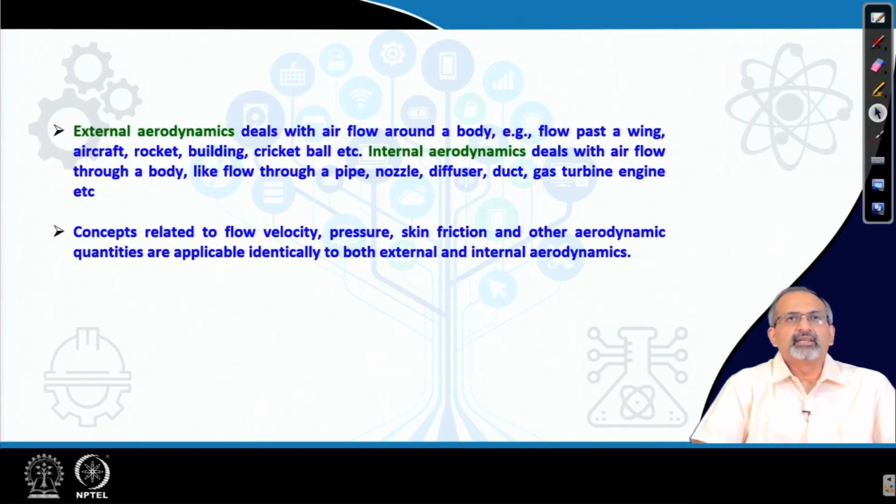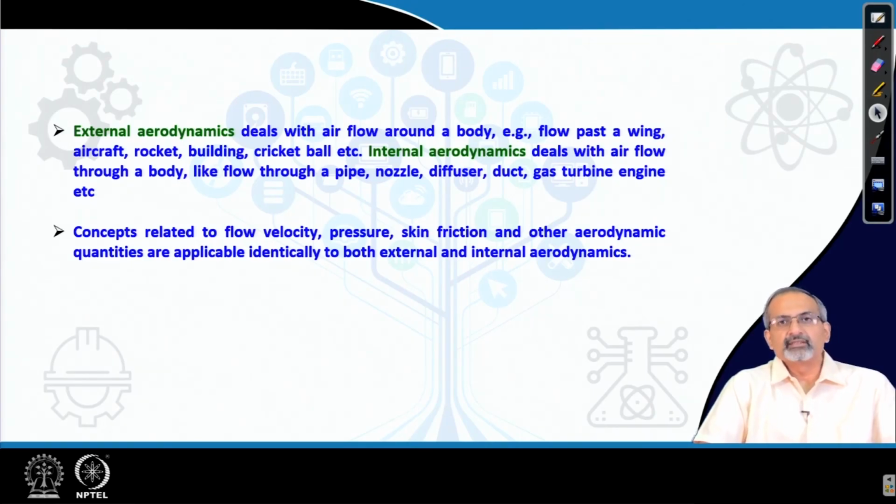External aerodynamics typically deals with airflow around a body of interest, like flow past a wing, aircraft, rocket, a building, cricket ball and many other objects where airflow past an object is of interest. Internal aerodynamics, on the other hand, deals with airflow through a body, not over a body, like flow through a pipe, nozzle, diffuser, duct, gas turbine engine and many others.